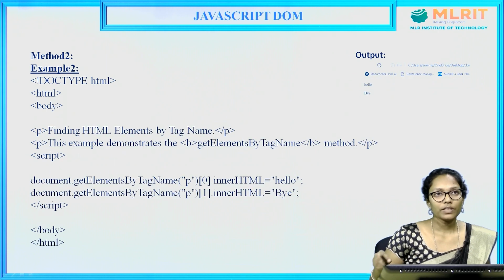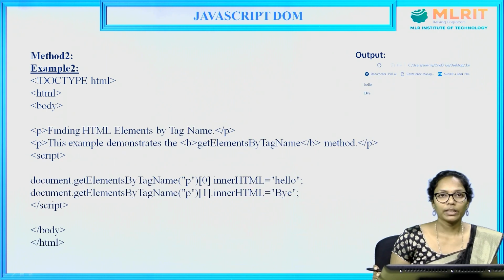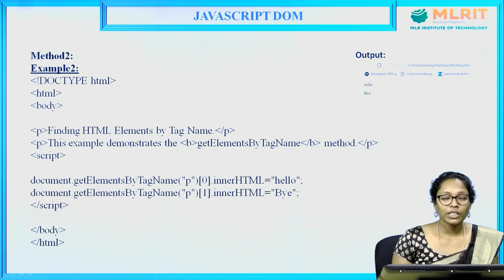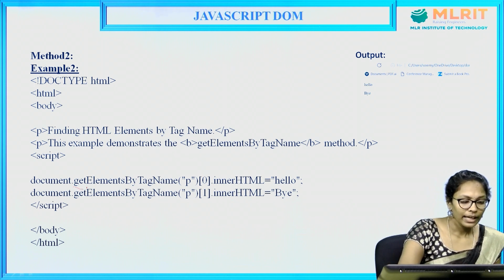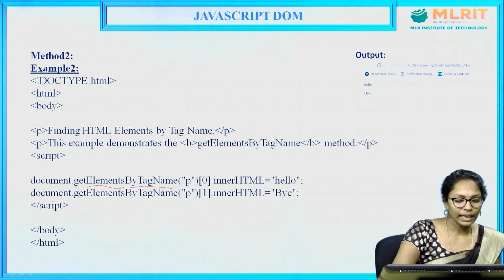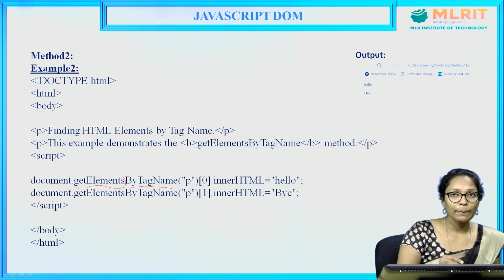So this is the first method. Coming to the second method, here we are accessing the elements based on the tag name. In the previous one, we accessed the elements based on the ID, but here we are accessing them based on the tag name. So here the method is getElementsByTagName. Observe the difference: we are adding an S here, because we are using a tag name.